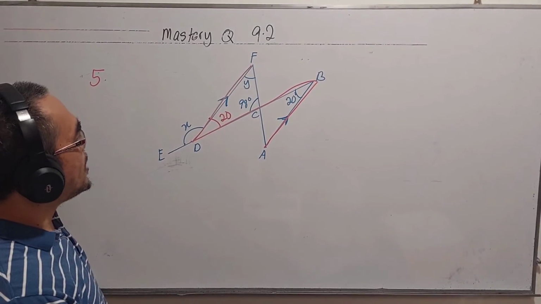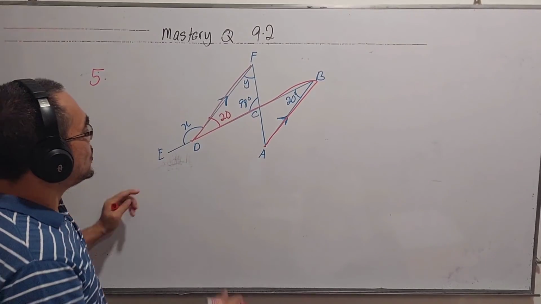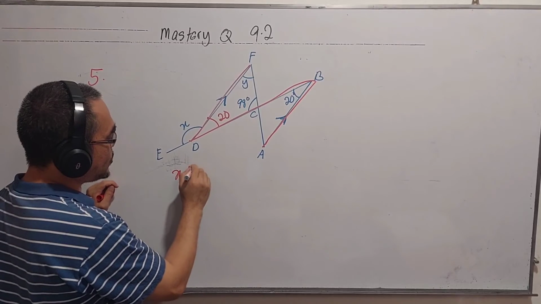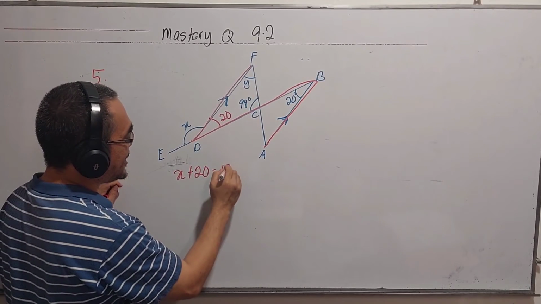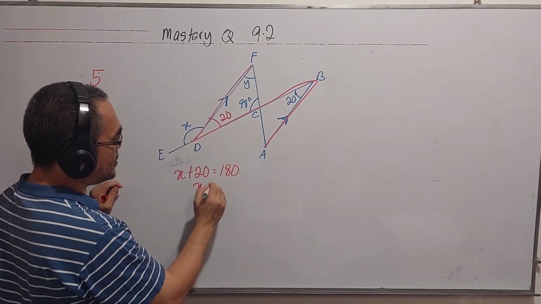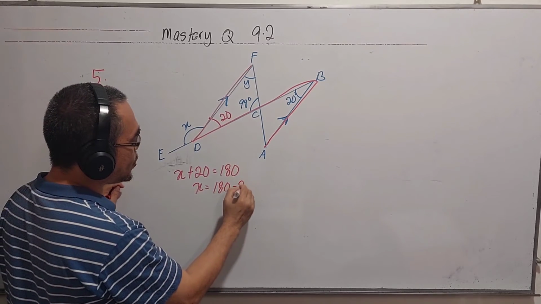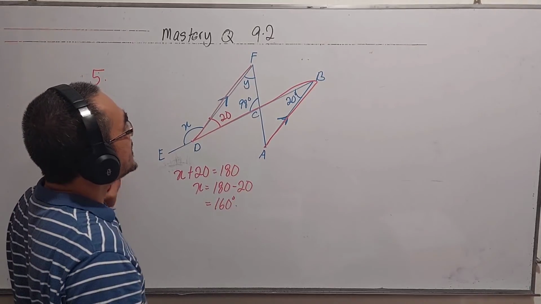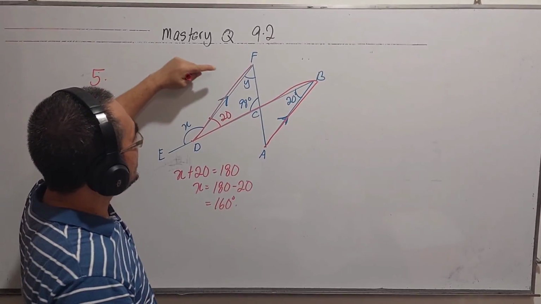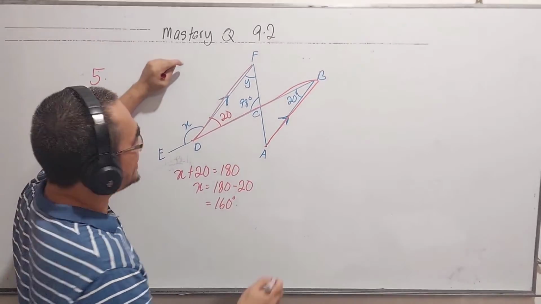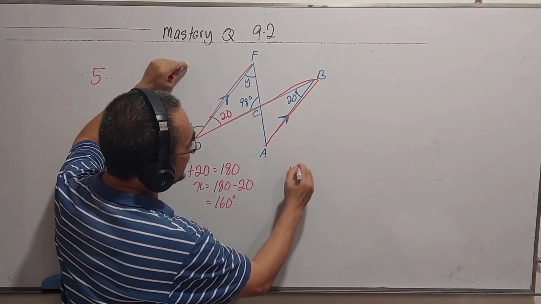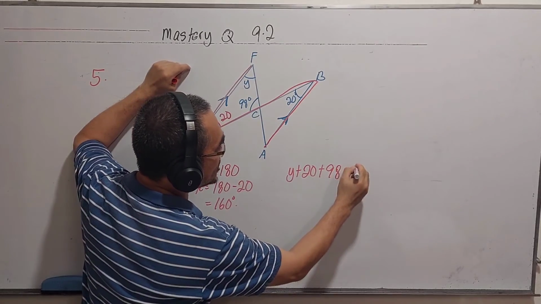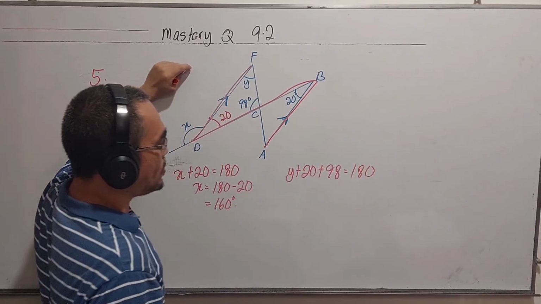Alright, so in order to calculate x, x plus 20 equals 180. So x will be 180 minus 20, which is 160 degrees. The y will use the total angle in a triangle. That is y plus 20 plus 98 is 180.